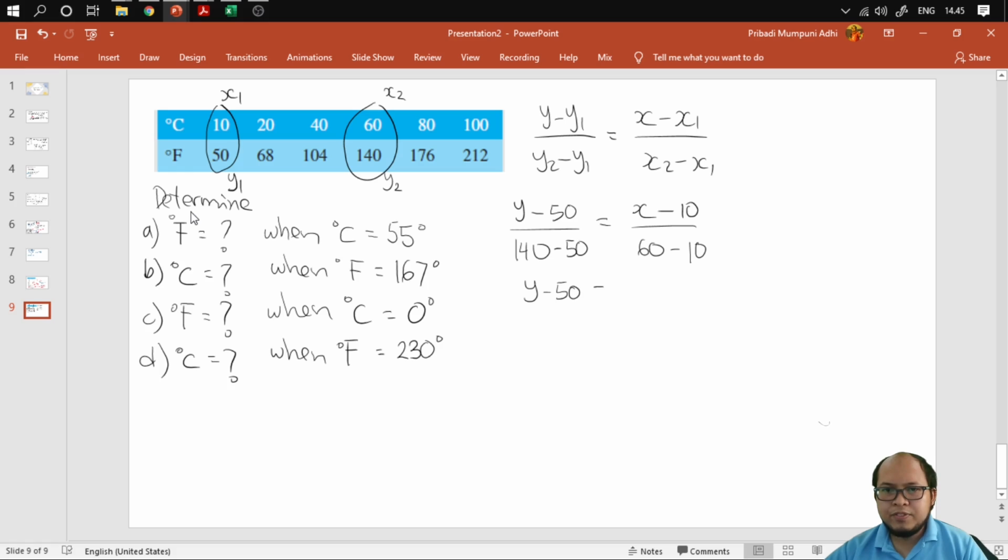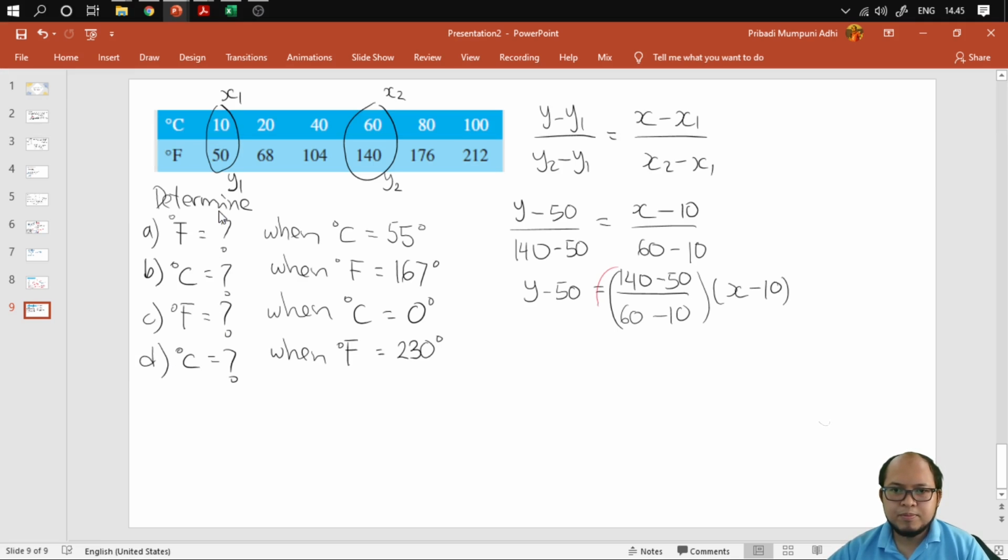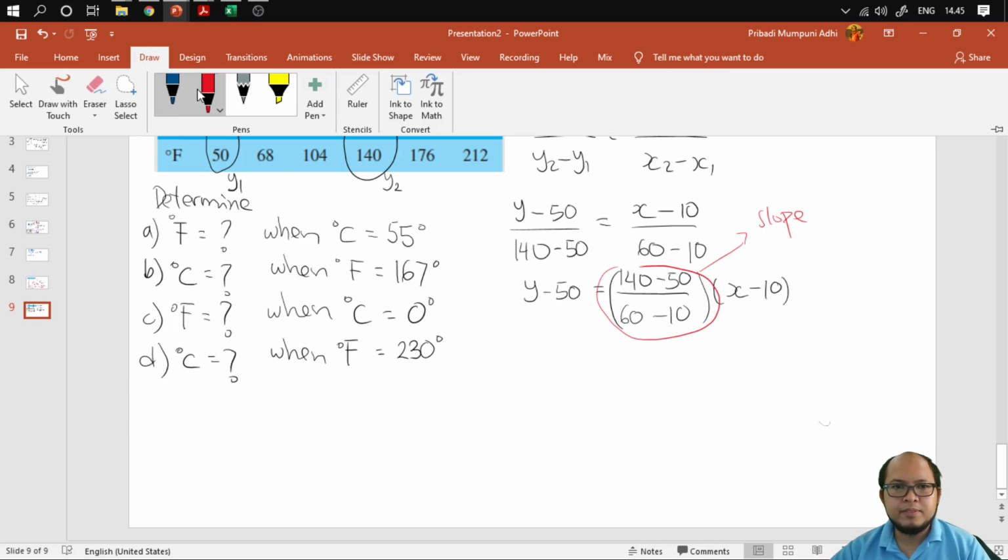We will have, multiplied by x minus 10. Remember, this one again, this is the slope or gradient.